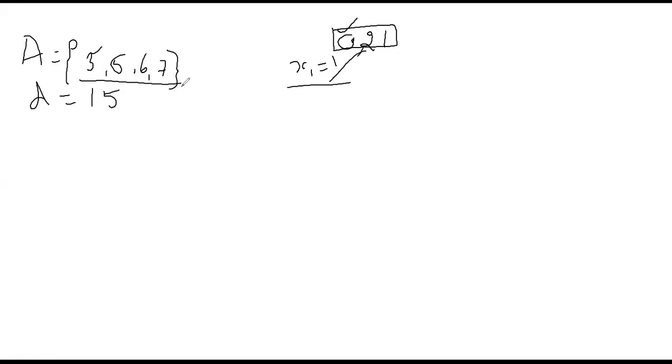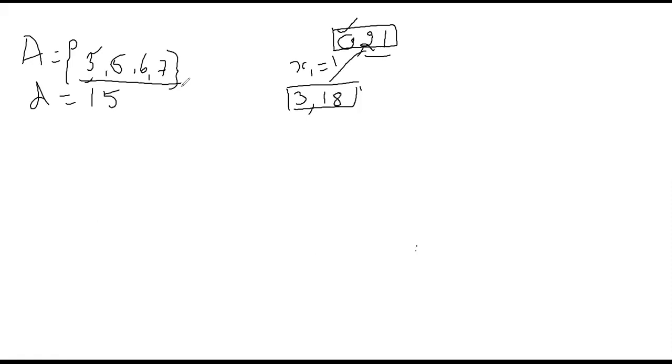If x1 is equal to 1, the total weight will become 3, correct? Because the first element is 3. So 3 plus 0 is 3. What is the remaining? 21 is the total weight. The remaining is 21 minus 3, which is 18, I guess, right? So 18.